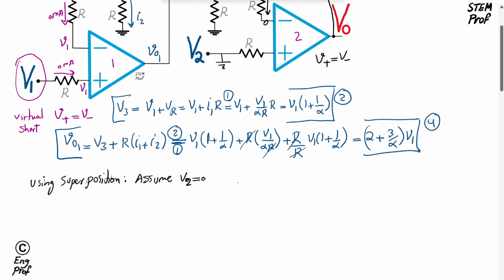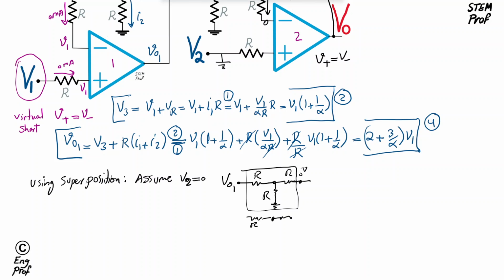The circuit becomes R, we have Vout1 from the first stage, and from the perspective of Vout1, what we see is the parallel of two resistors, R and R, both effectively grounded, so 0 volt. This is observed as simply R plus R over 2, because the effect of R and R in parallel is half of R.